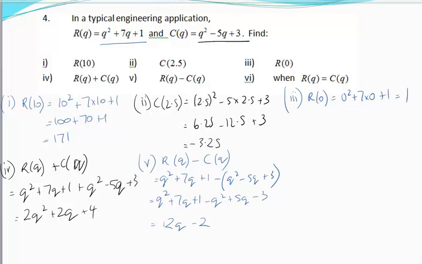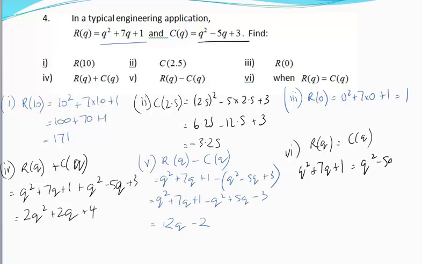And for number 6, here we have r of q is equal to c of q here. So now we've got our r side is equal to our c side. So q squared plus 7q plus 1 is equal to q squared minus 5q plus 3.